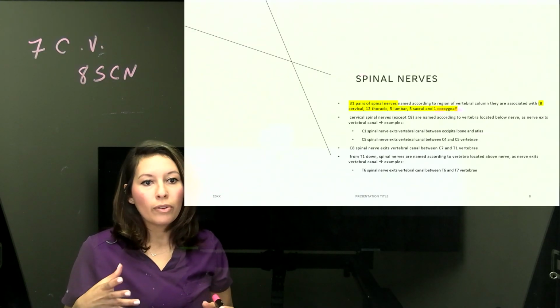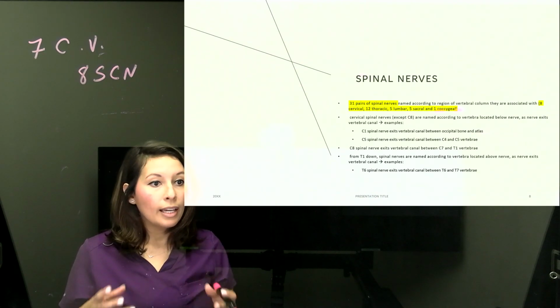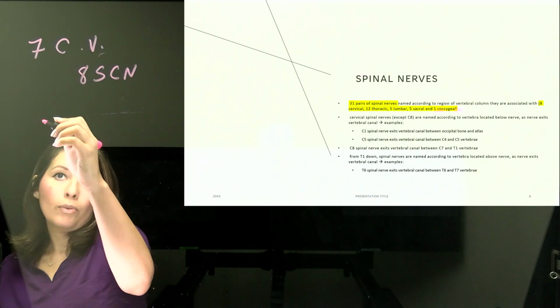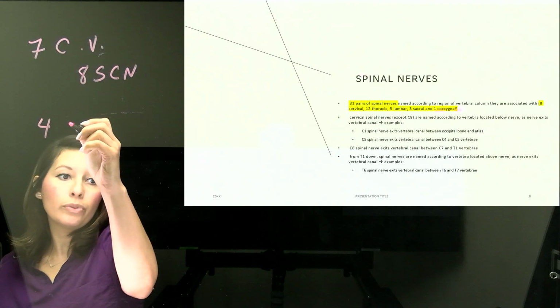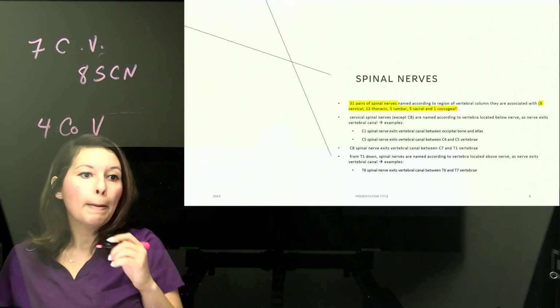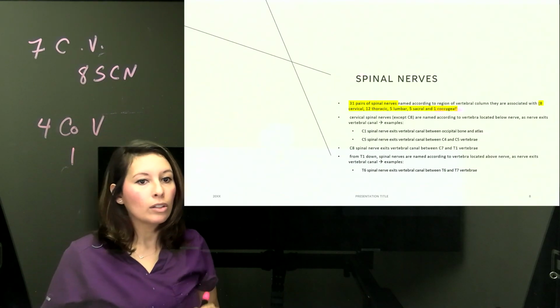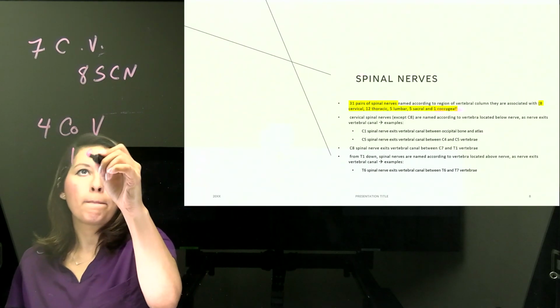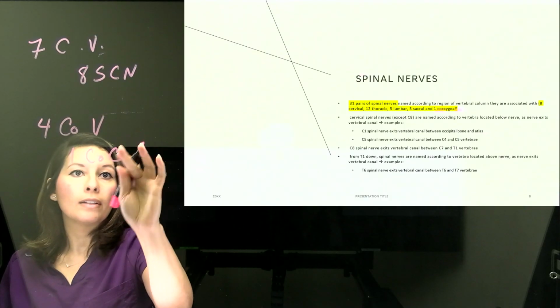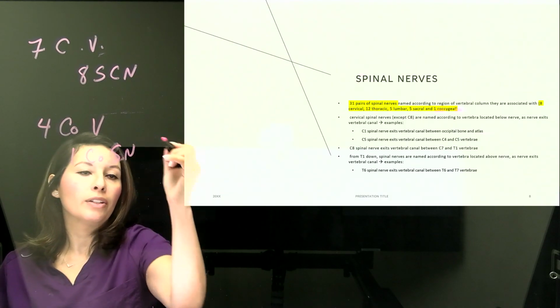We have 12 thoracic spinal nerves, 5 lumbar, 5 sacral, and also, if you recall, we have 4 fused coccygeal vertebrae, right? But we only have 1 coccygeal, not cervical, but coccygeal spinal nerve, right?